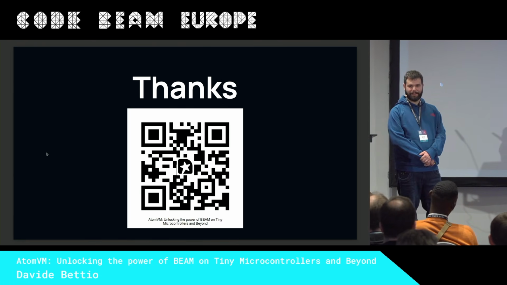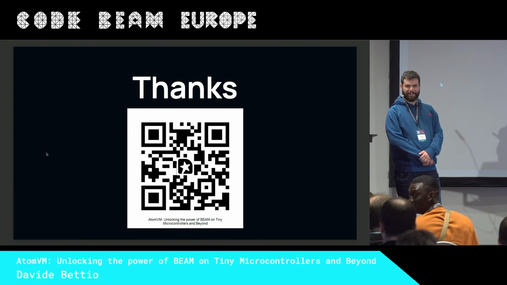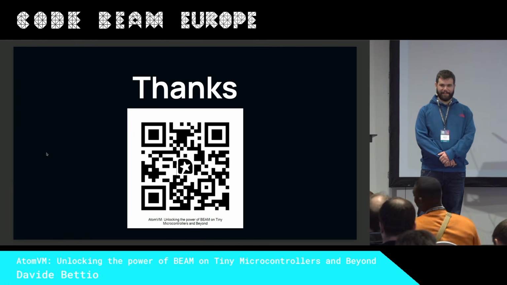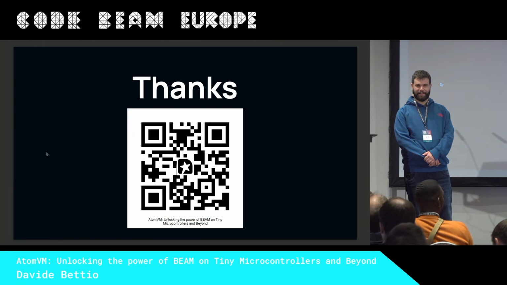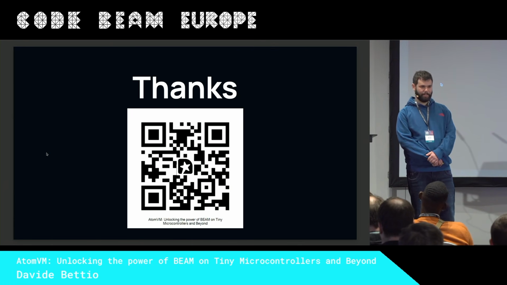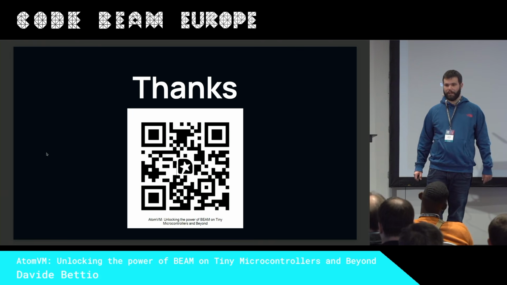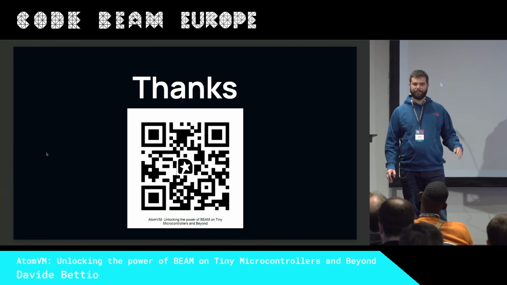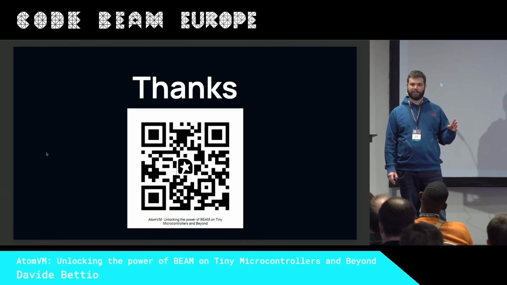So I guess to be able to squeeze everything that's in the Beam and the Erlang runtime system into this memory footprint, you would have to lose some things. So what's not there? Well, by default, for example, we don't do just-in-time, and you cannot enable it.